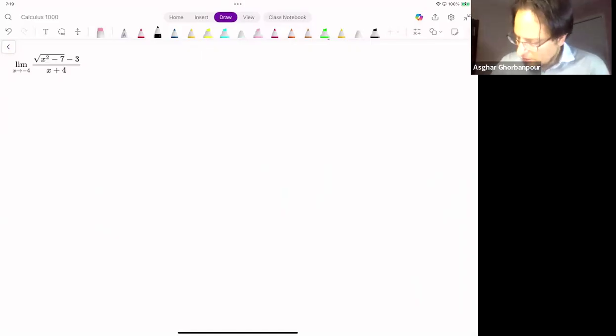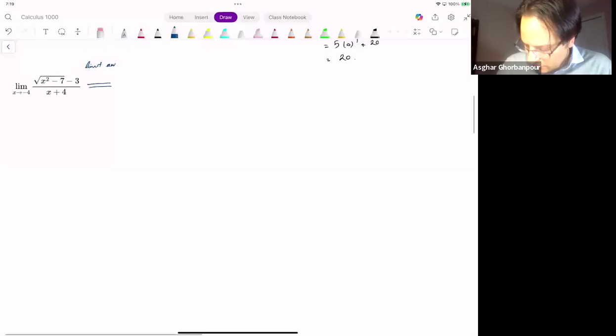Okay. So I'll go again, two methods, but this time a little bit faster. Using all the limit laws, we get 0/0.